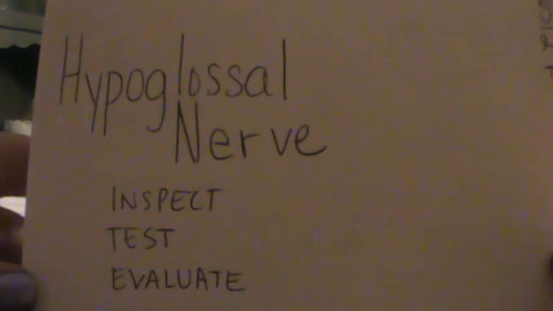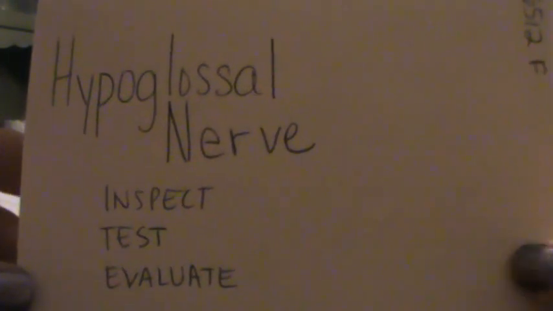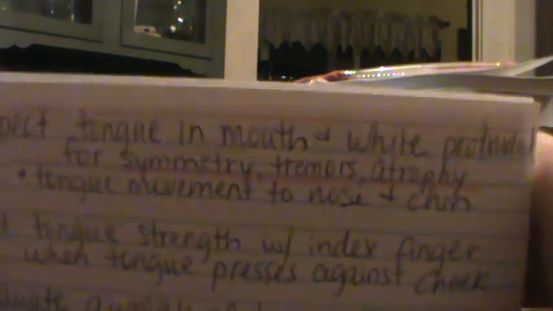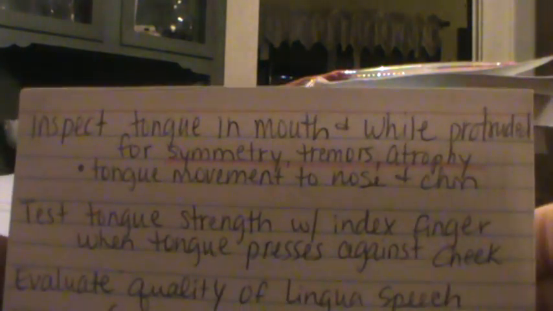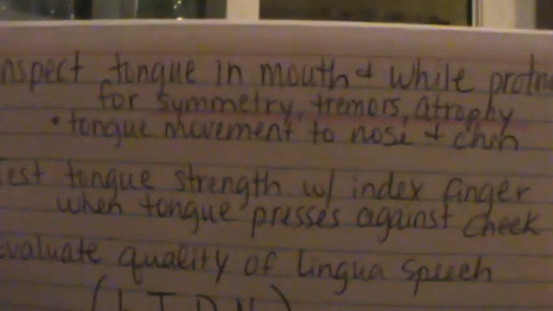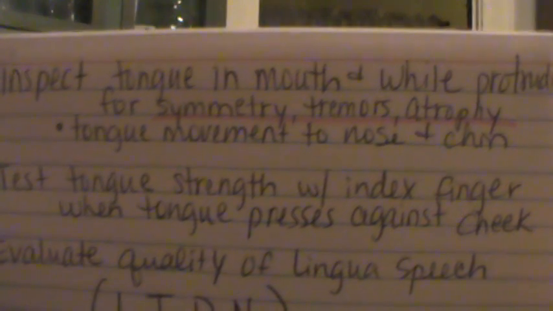The hypoglossal nerve. What do we inspect? How do we test? And what do we evaluate? Okay, so we want to inspect the tongue while it's inside the mouth and while it's protruded for symmetry, tremors, and atrophy.